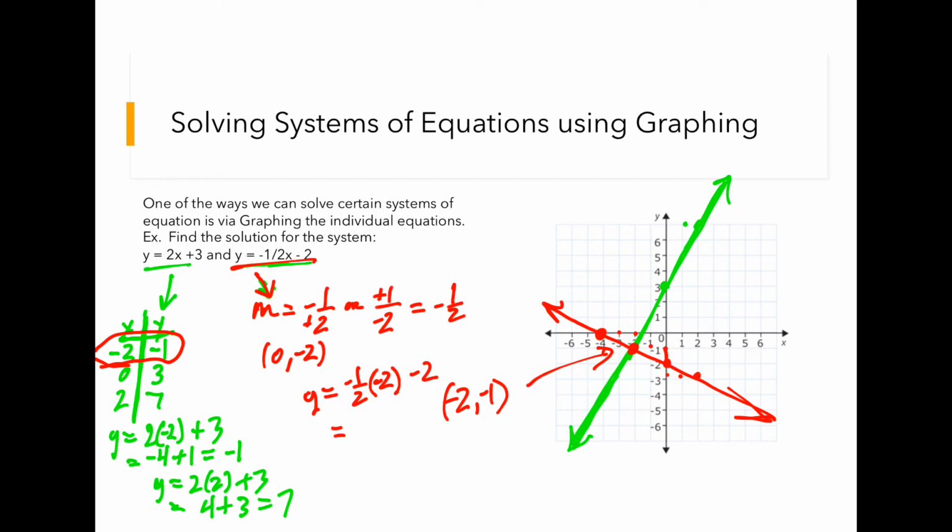Negative 2, negative 1. Yes. So this is 2 over 1. So our 2's cancel out. That leaves me with negative 1. But it's negative times negative, so positive 1 minus 2, which is negative 1. So it looks like negative 2, negative 1 is a solution to both equations in the system.